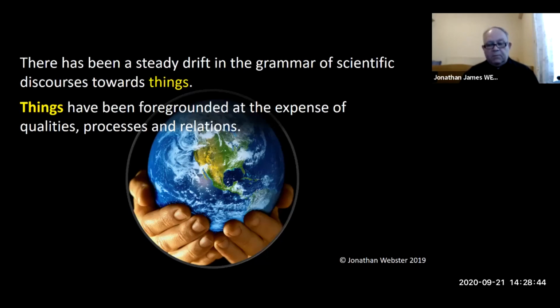In many respects, what we just began looking at with Donald Jung, this whole ideology of things being in control. Things have been foregrounded at the expense of qualities, processes, and relations.